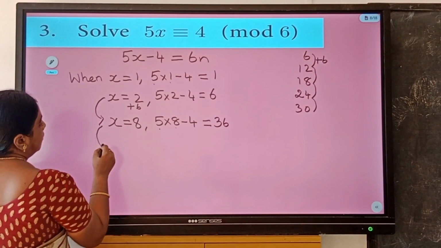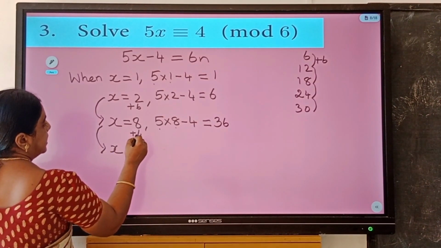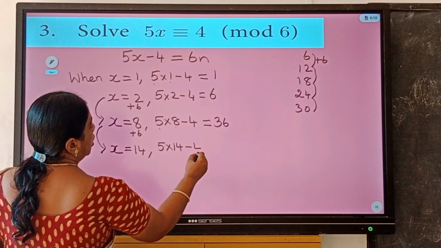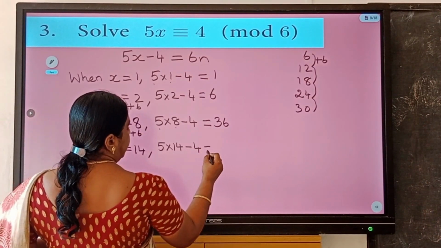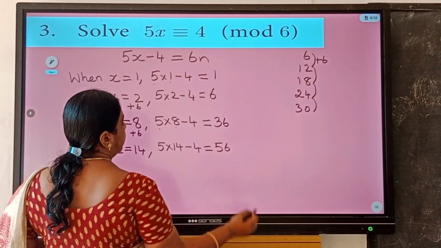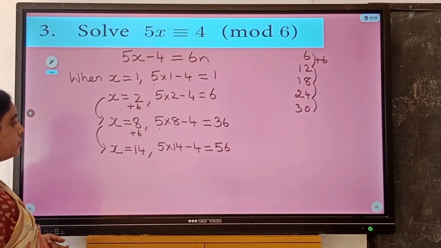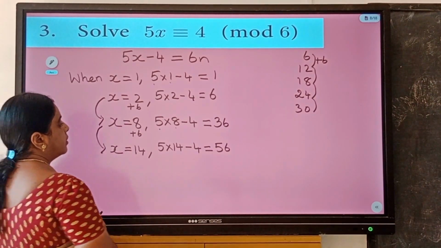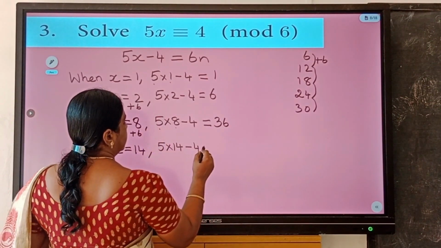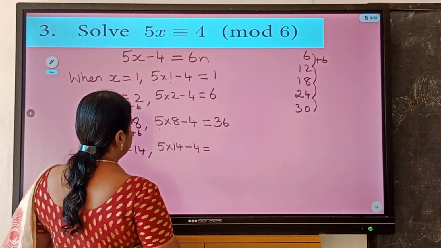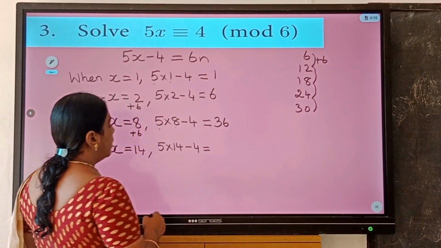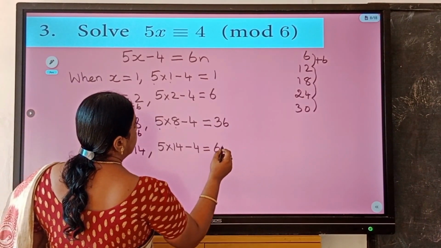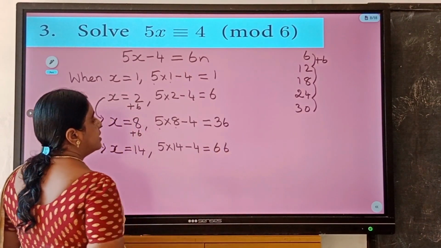The same way, the next number would be, when you add 6 to it, it is 8, then 14. 5 into 14 is 70, and 70 minus 4 is 66.